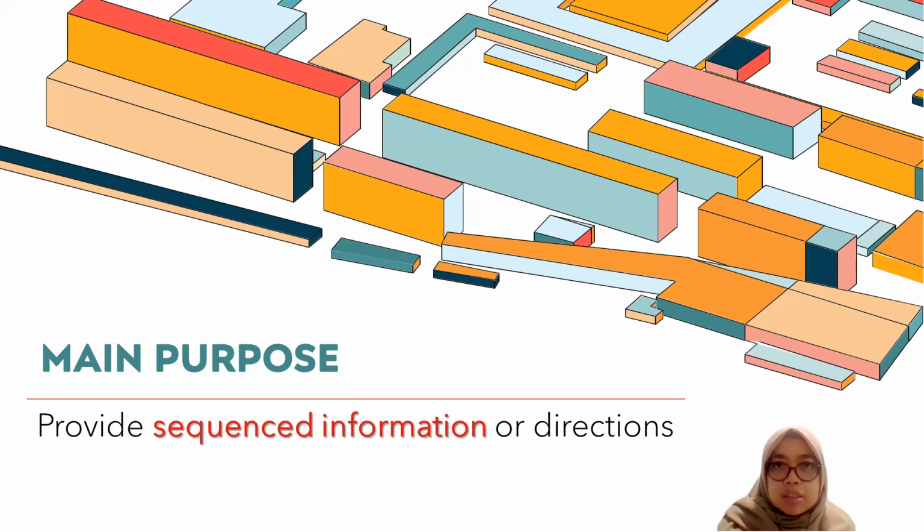Sequence information means information in a phase, a layer of phases, gitu ya. Jadi informasi yang berurutan, gitu ya. Namanya aja prosedural, ya. Jadi harus informasinya itu bentuknya urutan, gitu. Itulah disebut sebagai instruction yang tadi di awal, gitu ya.